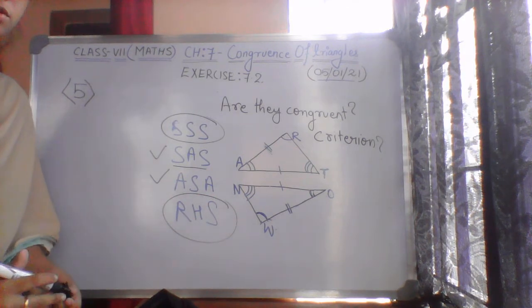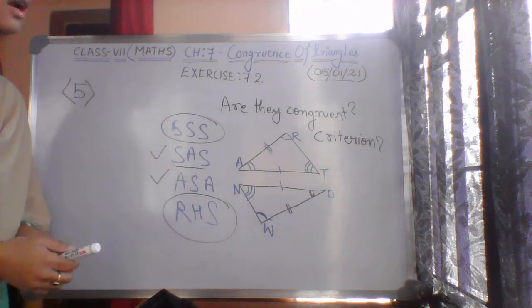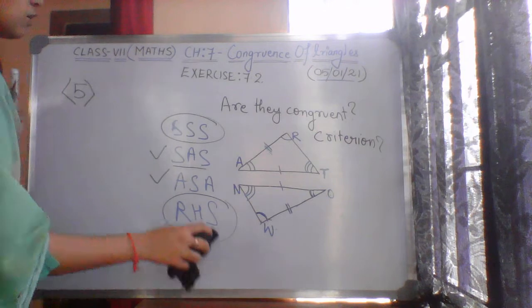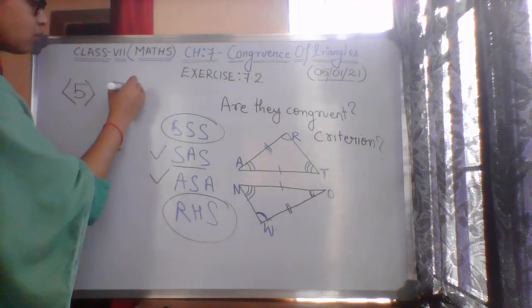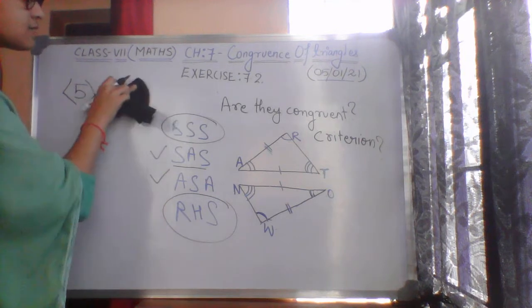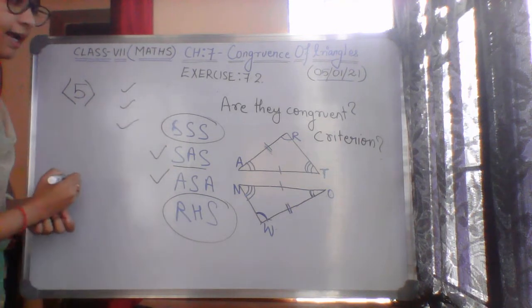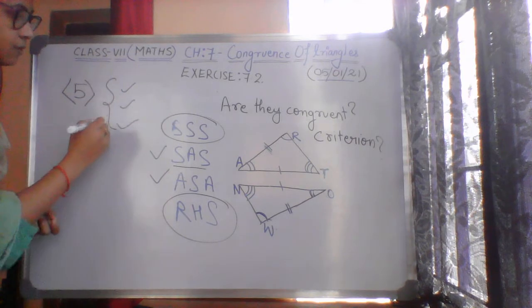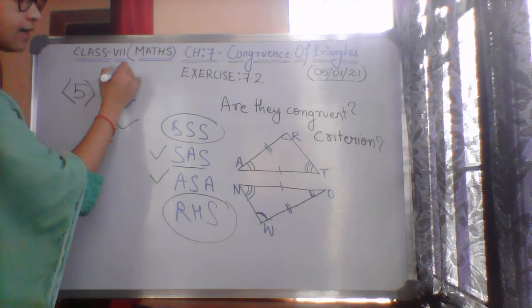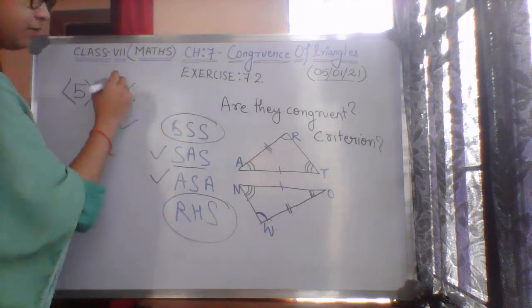Try to think over this question. If they are congruent, you have to show that they are congruent. So you first write down the corresponding parts, the parts that are equal. Three parts we write first. This is the process. First you write, considering triangle RAT and WON.